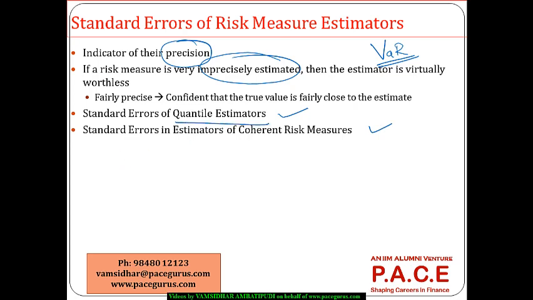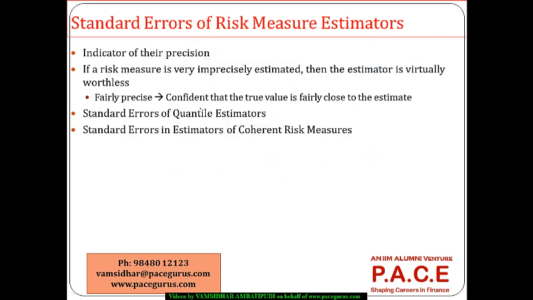Either a quantile estimator like value at risk, I want to see what I can do in terms of finding out the quantile estimator, or the range for value at risk. And I would also try to find out the estimator standard error for coherent risk measures like expected shortfall and others.